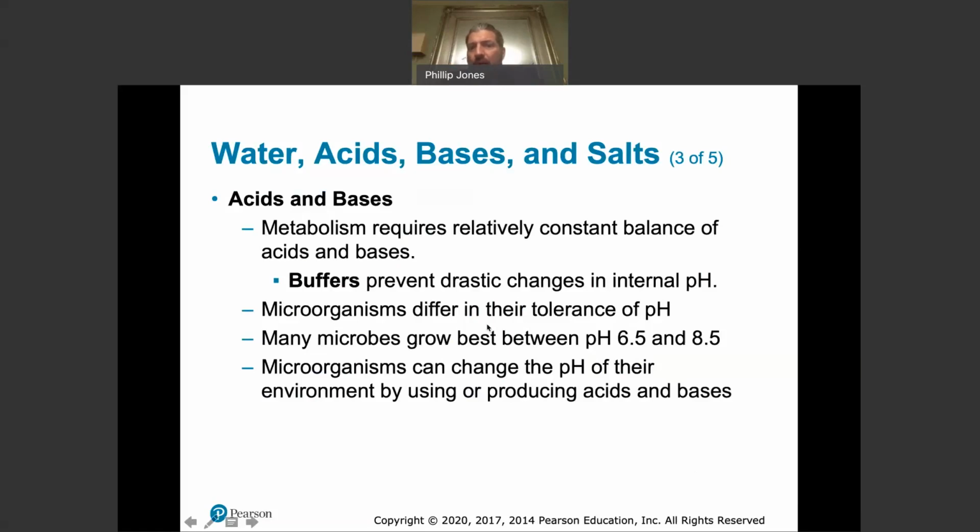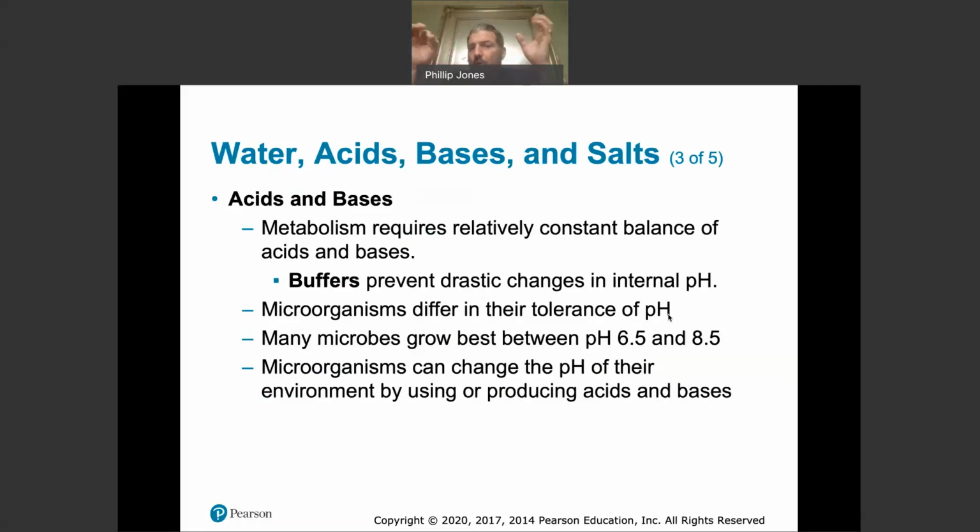Microorganisms differ in their tolerance of pH. A lot of microorganisms like the same pH as we do. H. pylori can live in your stomach. It's one of the leading causes of stomach ulcers. But it has a mechanism that can produce bicarbonate locally around it, so it actually buffers the acidity around it so that the organism can multiply.